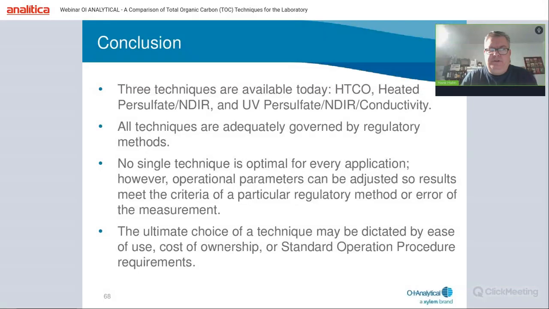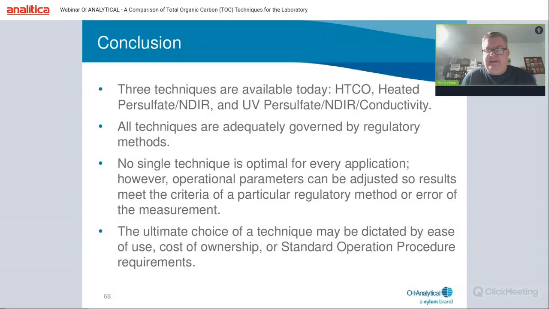So in conclusion, the three techniques that are available today are high temperature combustion oxidation, heated persulfate NDIR, and UV persulfate NDIR conductivity. All techniques are adequately governed by regulatory methods.